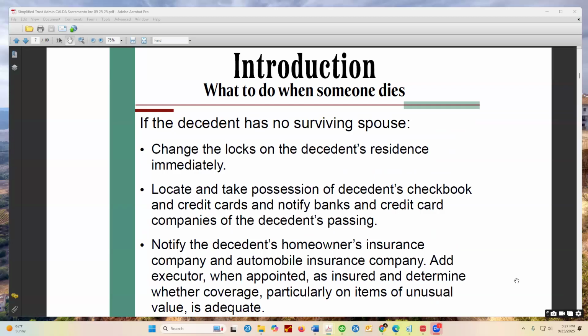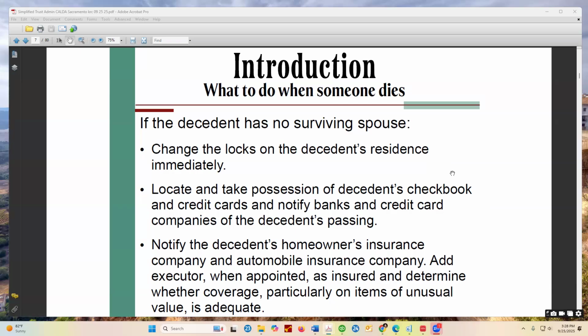If the decedent has no surviving spouse, then what you would probably do is change the locks on the house so that things don't disappear. If family members who are not the executor or trustee have access to the house, seal it off so that the personal property doesn't disappear.